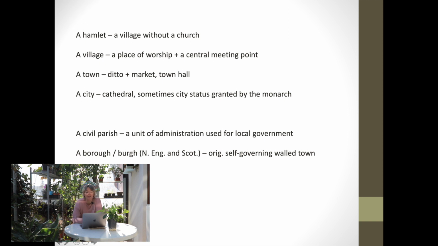So there are some cities that do not have cathedrals, but traditionally the idea was that a town doesn't have a cathedral, so even a large place without a cathedral would still be called a town, and a city has the seat of the bishop, so the seat of the diocese, the church diocese, the same division in Catholic Church and Anglican Church, and a cathedral.